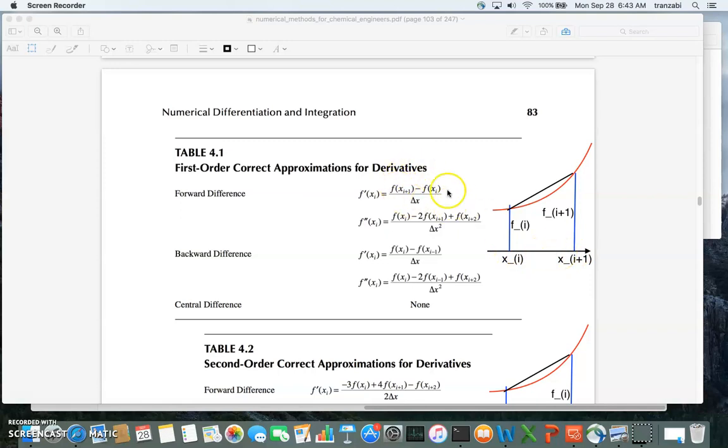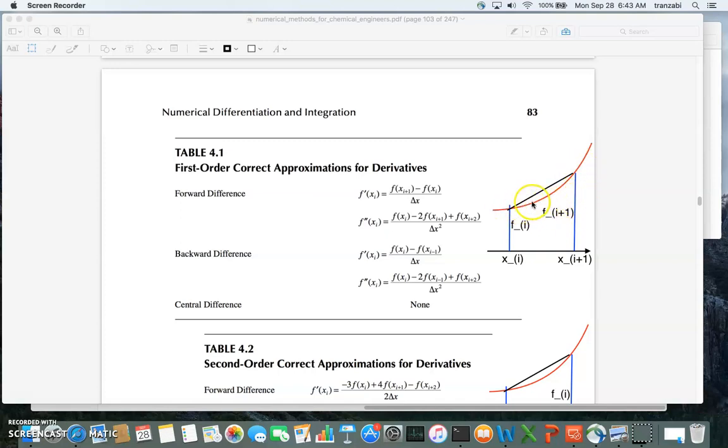And you can think of this as the slope of this black line, right? Because f sub i plus 1 right here minus f sub i would be the difference between these two blue lines. It should be something around this line up to here. And I'm going to divide this by xi plus 1 minus xi, which is this length.